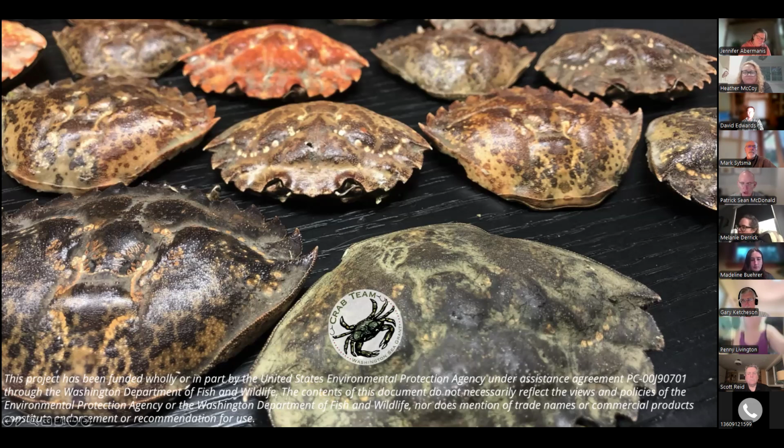So you log into the app, you go to a beach, you conduct a 20-minute timed search of the shoreline, mostly looking for molt, so evidence of green crab in the area, like the molts here on the screen. And then you log that into the system, and that report comes to Lisa, who manages the program for us.